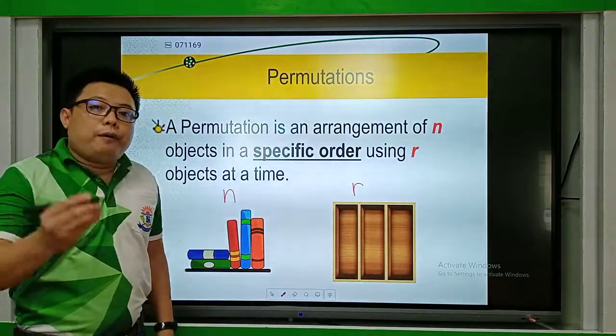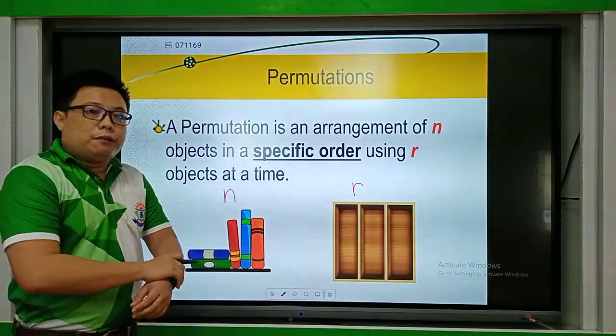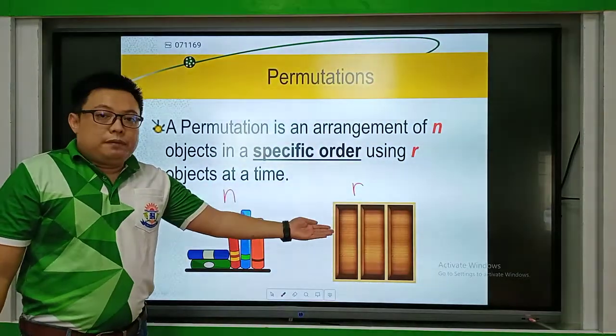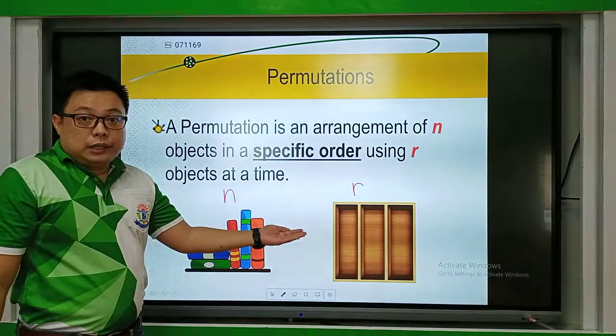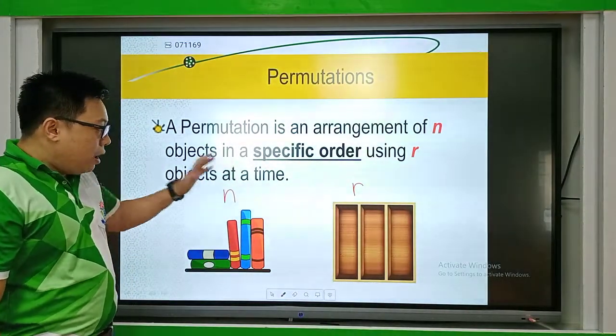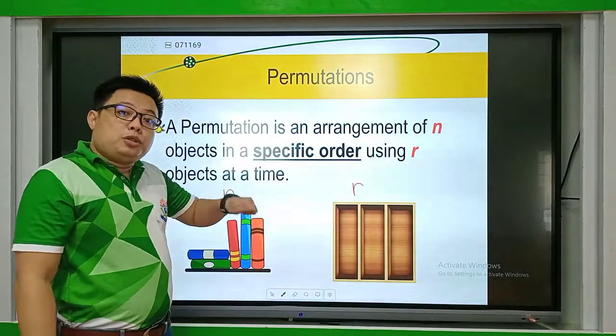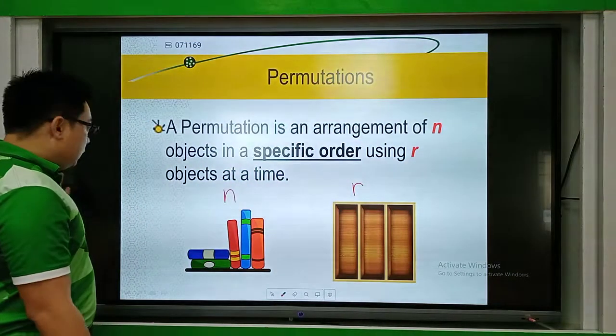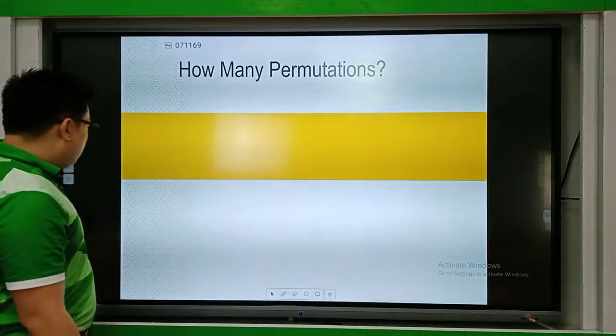Later on, when we talk about the formula for permutation, you have n and r. The n is the total number of objects, and r is the number of objects that you choose from the total number. So let's move on.